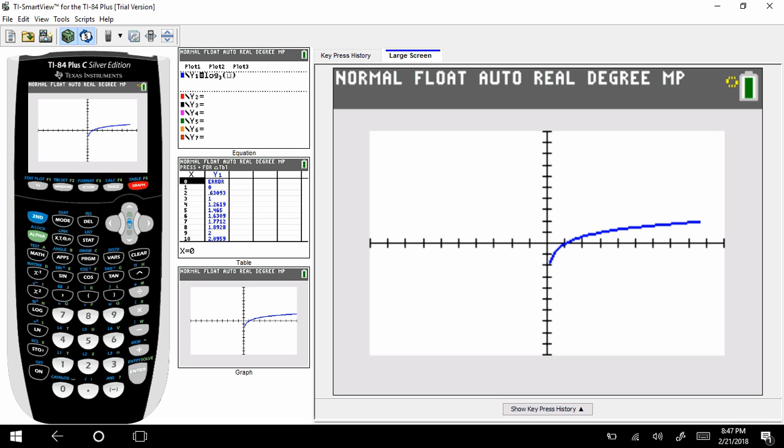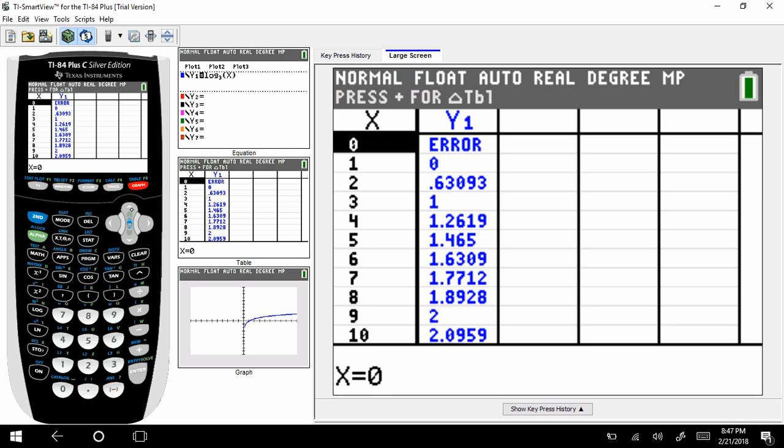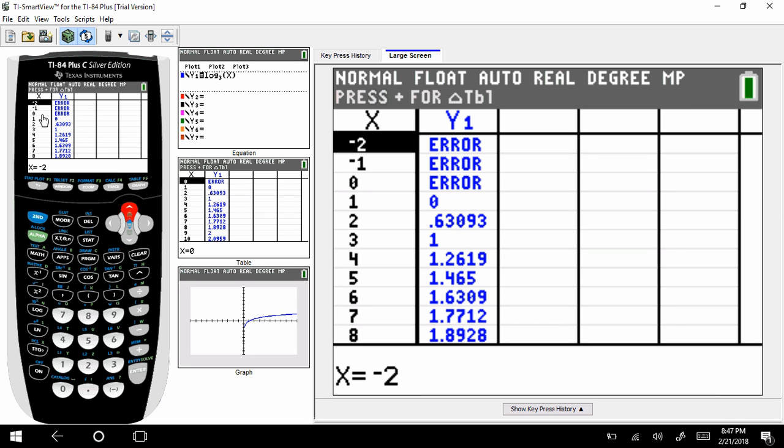Okay, so it's that sideways exponential, and if I look at the table, so hit second graph, notice if I scroll up here, an error occurs at x equals 0. So wherever your first error occurs, so this is the first one because I had 1, 0 as a point, and then if I go backwards, 0 gives me an error.